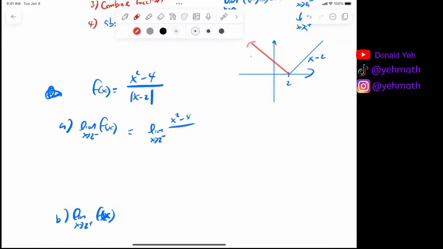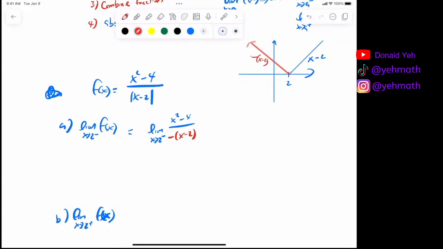On this side of the function, this is the red part of the function, which is negative x minus 2. Now, since I'm approaching 2 from the left, which function will I be using? Negative parenthesis x minus 2. That's the decision you have to come up with, and that's the best way to evaluate this.